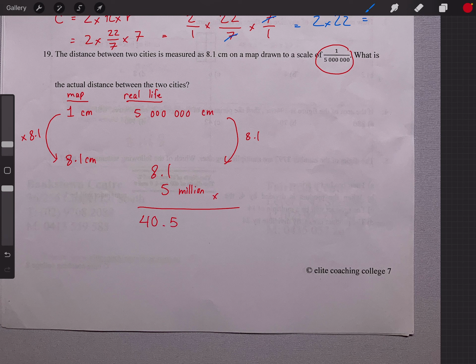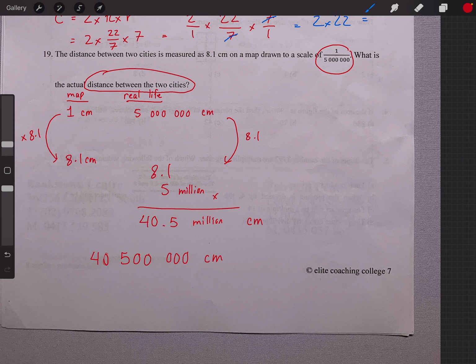Centimeters. Actually, let's turn it back into 40,500,000 centimeters.